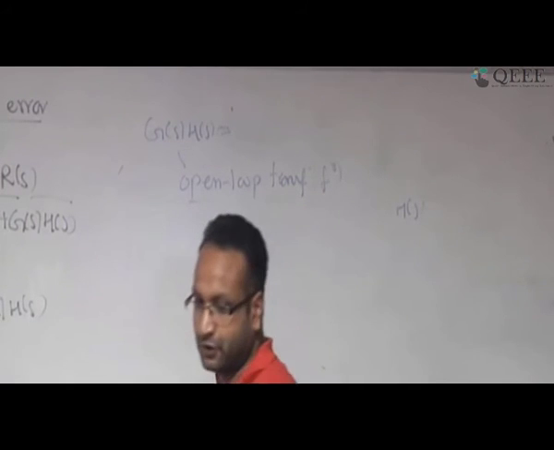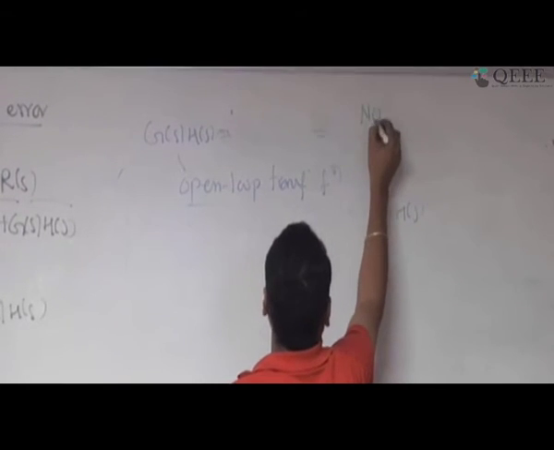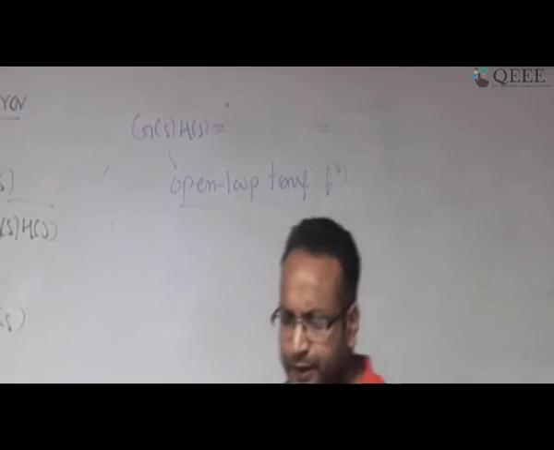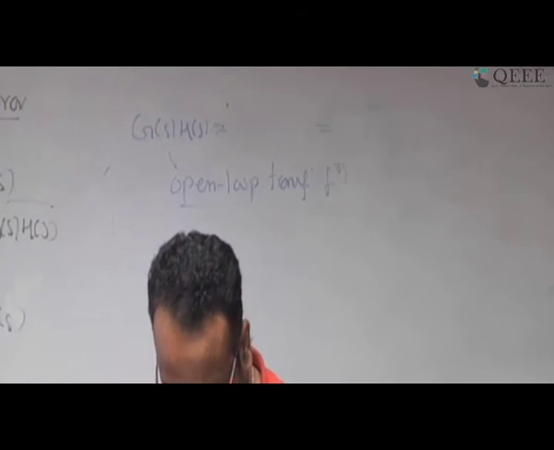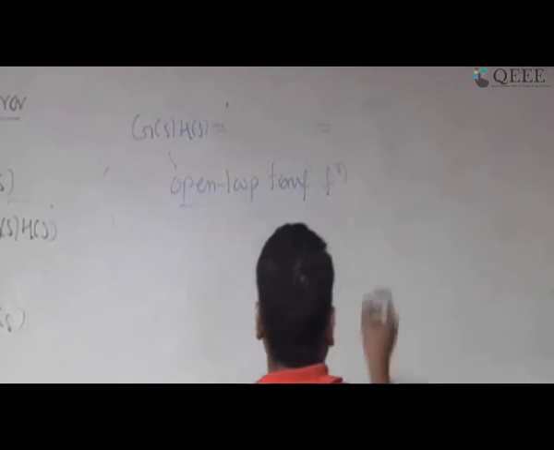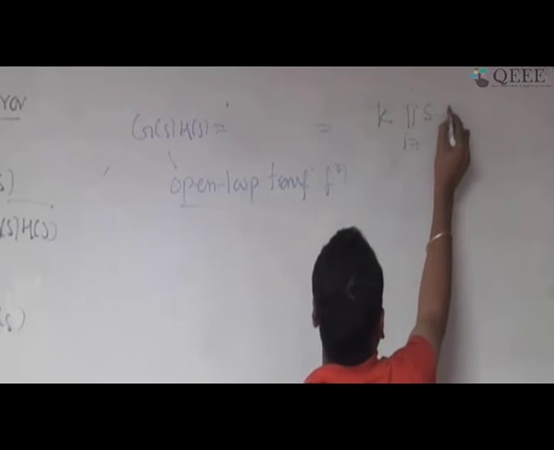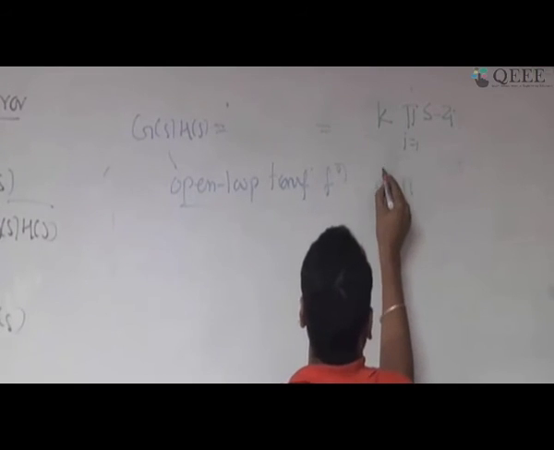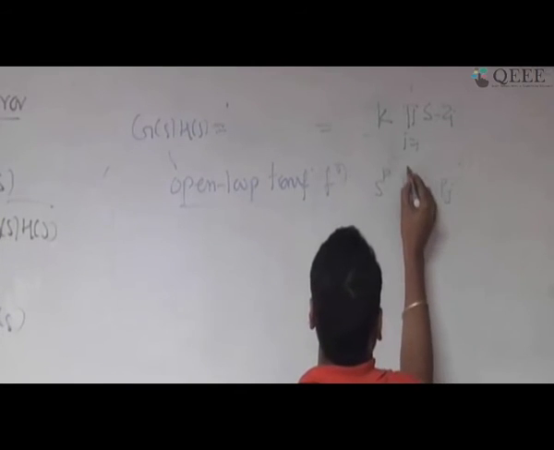Again I can write it as two polynomials, numerator divided by denominator: K times the product of (s minus zi), divided by s to the power of p times the product of (s minus pj), where j varies from 1 to n.